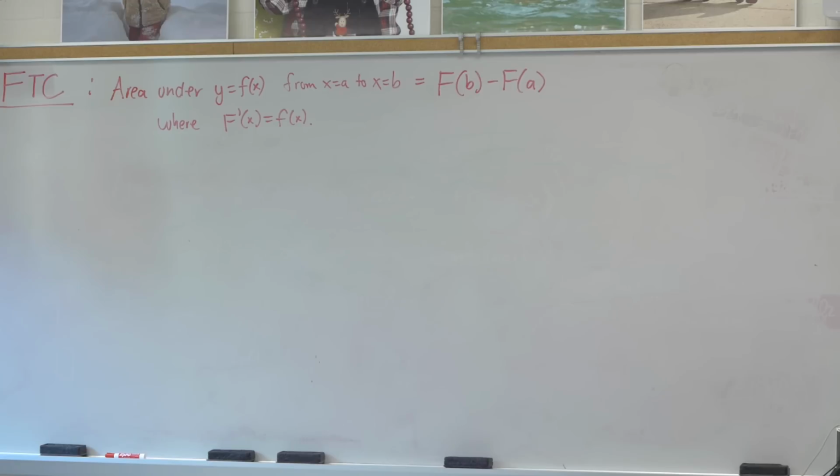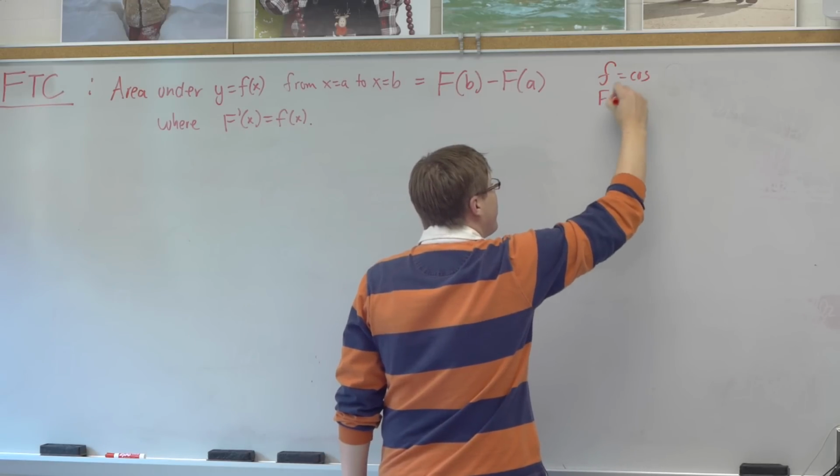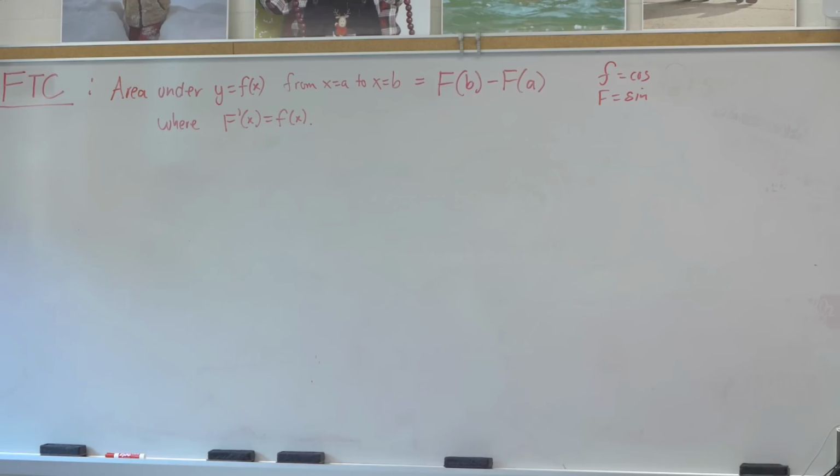So for the example we did, little f was cosine and big F was sine. Because of MVT, I can't just use cosine. I have to look at the antiderivative of cosine for the simplification to work. So that's the statement of the theorem, and now we're going to prove it.